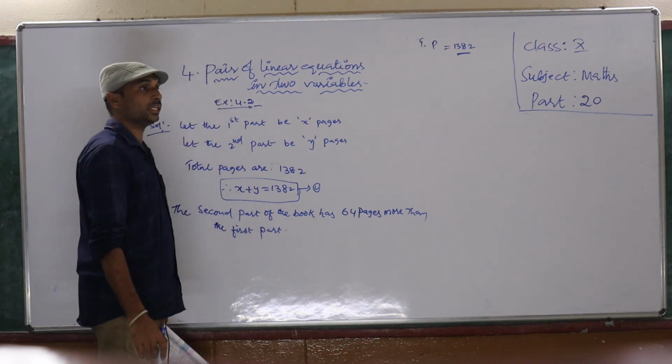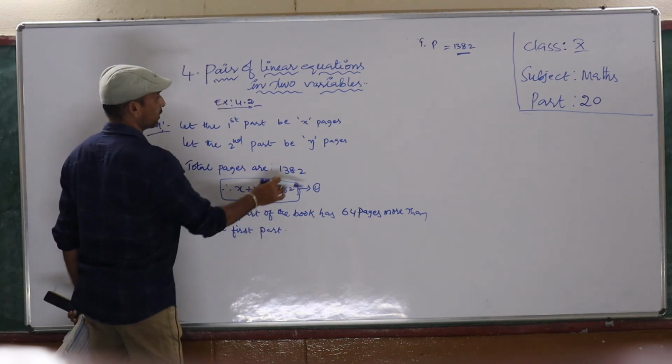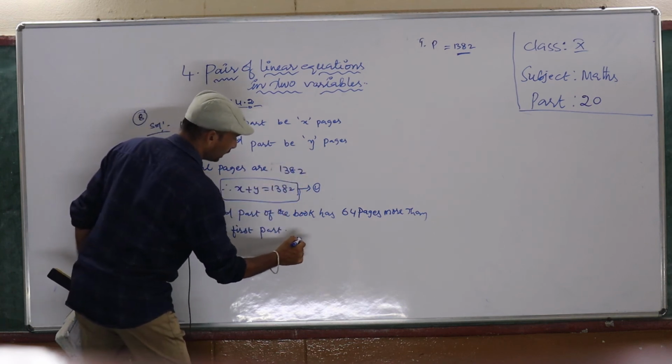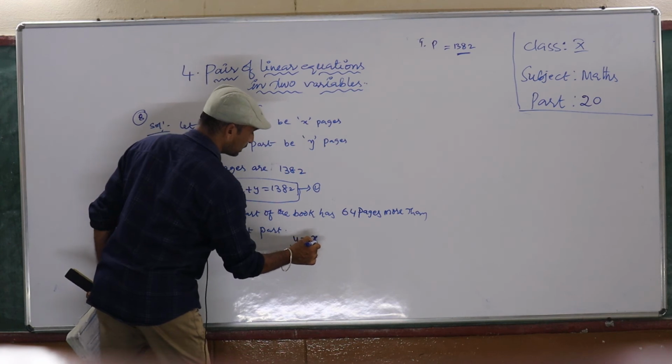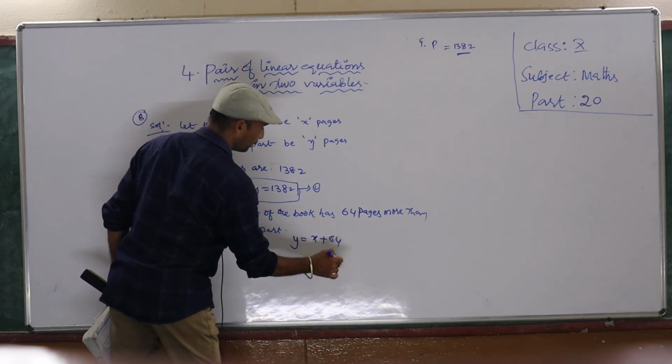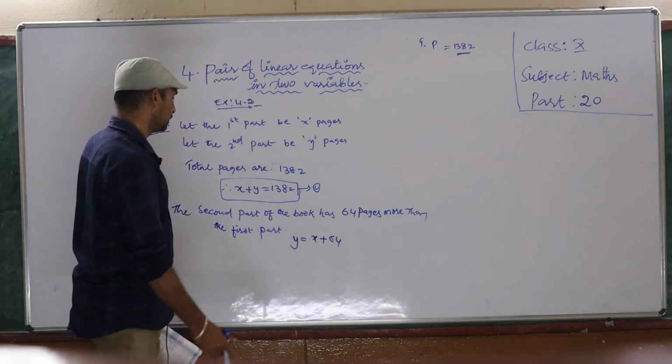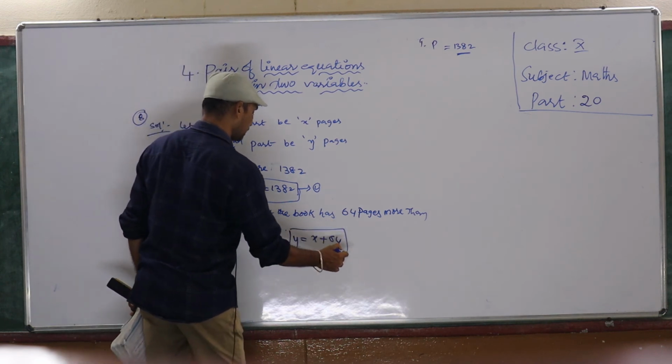So according to this, the second part we are taking y is equal to the first part we are taking as x, then 64 pages extra. Then this is equation number 2.